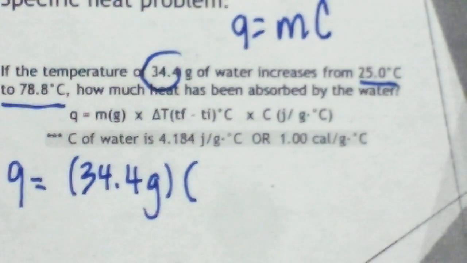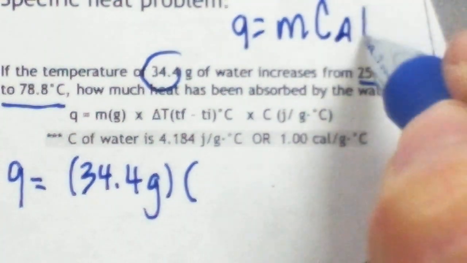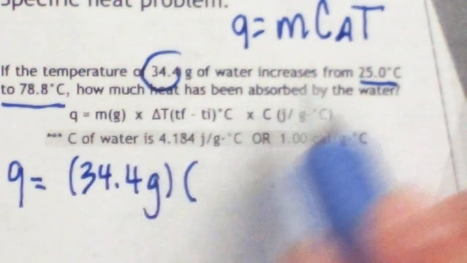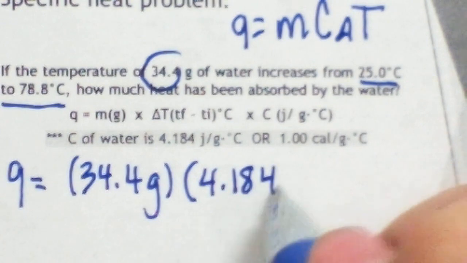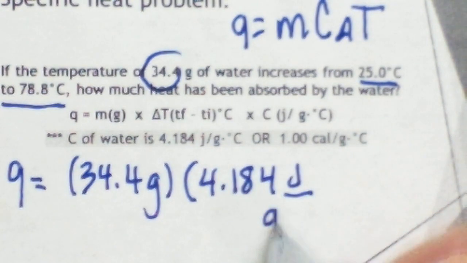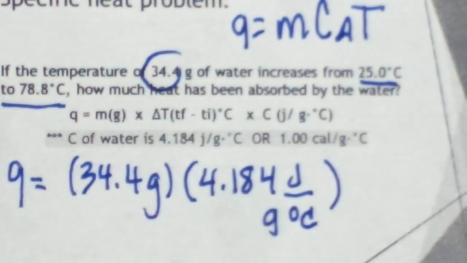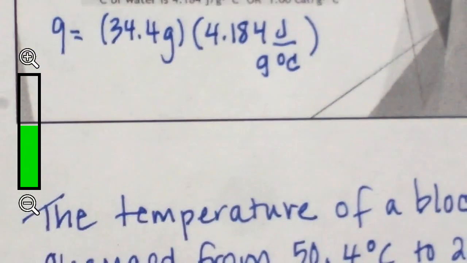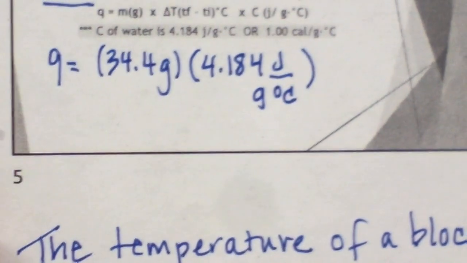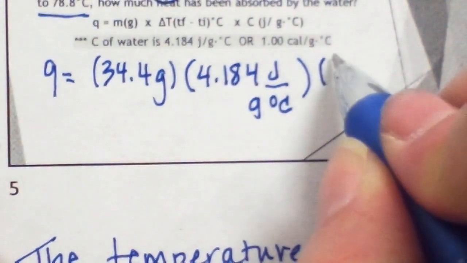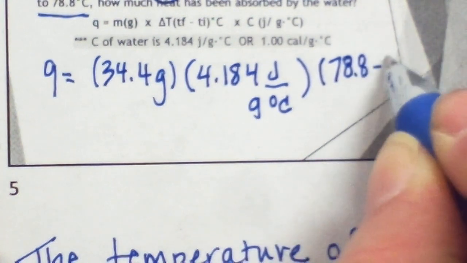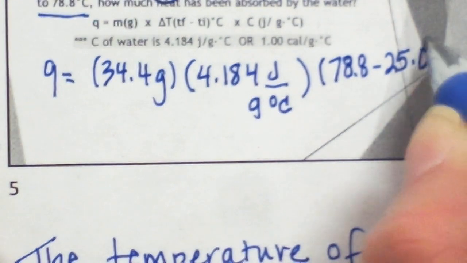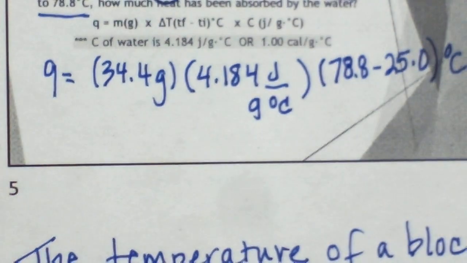So here's my specific heat, and here's my delta T, right? So the next is going to be my specific heat. So 4.184 joules per gram degree Celsius. That's my specific heat of water. Okay? Next, I'm going to use my change in temperature, which is going to be 78.8 final, minus initial, 25.0, and then degrees Celsius.